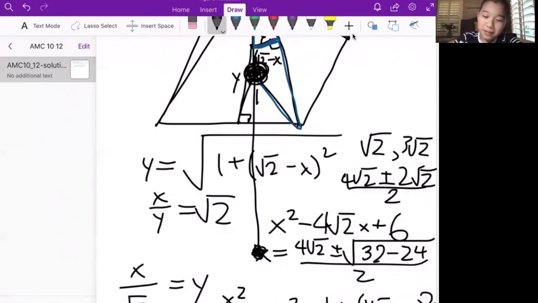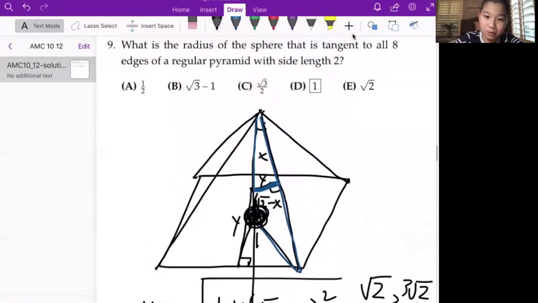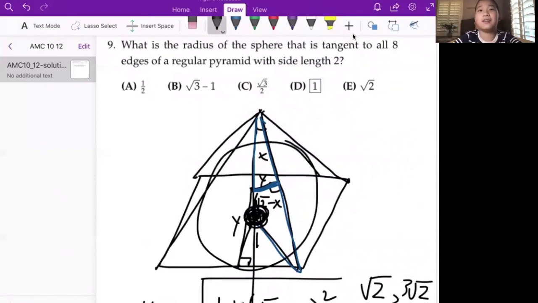But it could be something like an ex-sphere in 3 dimensions. But it isn't tangent to the line segments, which is what we want. This is the in-sphere, something like that. I'm just making up words, I guess.